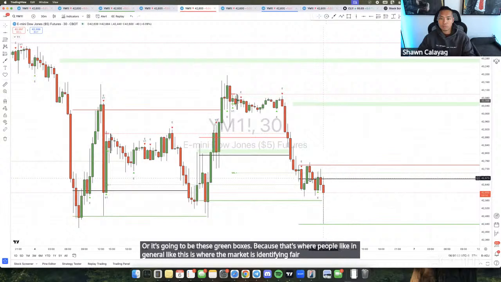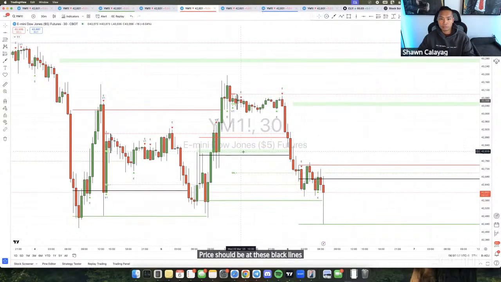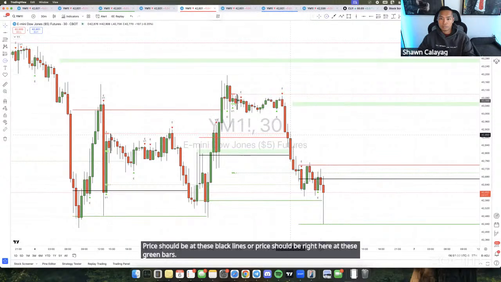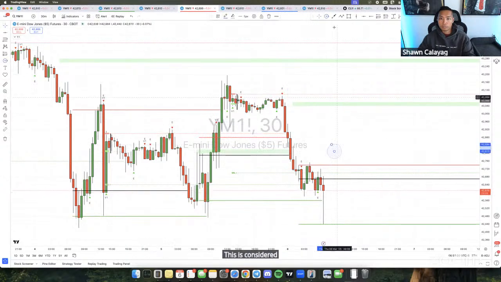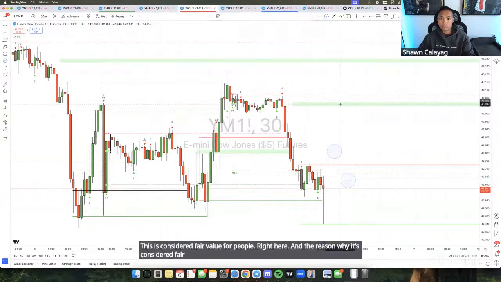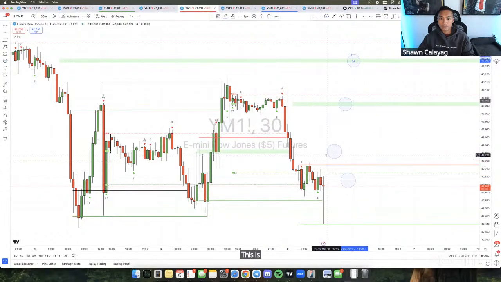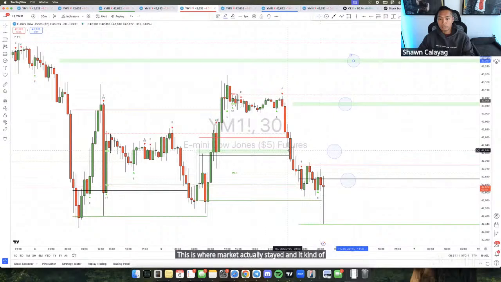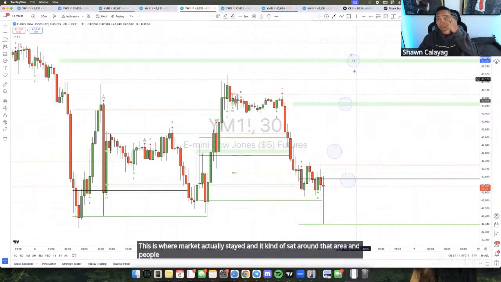This is where they think price should be, at these black lines or right here at these green bars. The reason it's considered fair value is that's where most trading happened in the previous days. This is where the market actually stayed, and people fought for price at these price points. So there's a couple different target areas here.